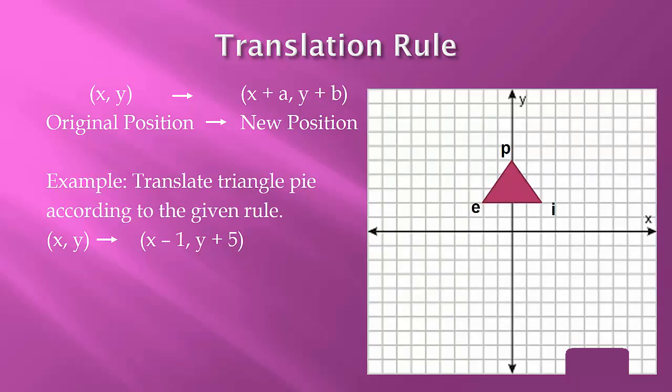Now let's look at a shape on the coordinate plane. As I mentioned earlier, a shape is going to have more than one vertex and thus more than one ordered pair. Now, if we're graphing, all we need to remember is that x - 1 causes my entire shape to move to the left one space. y + 5 causes my entire shape to move up 5 spaces.